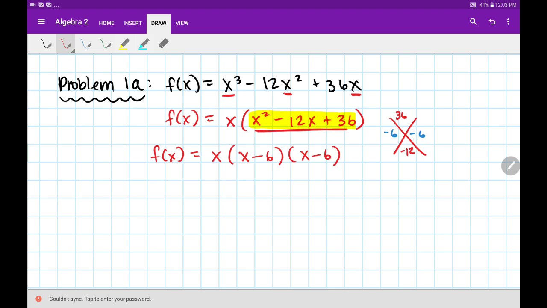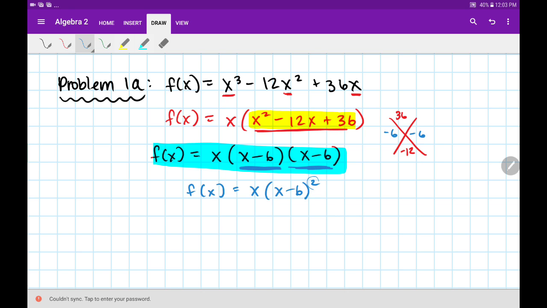And now I've factored the polynomial fully. That's our answer. Now, could you write it like this? x times x minus 6 squared? You totally could, because this is x minus 6 times itself, so you can also express it this way, but they're equivalent. So both of these are the correct answer.